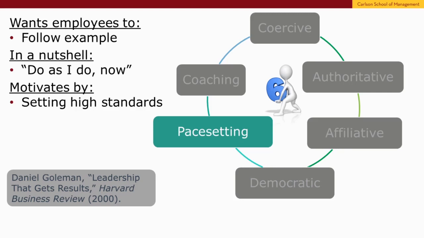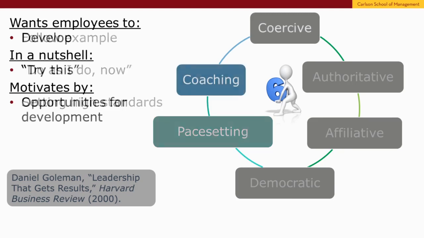And so, in a sense, they say, do as I do and do it now. And they motivate by setting high standards. Lastly, a coach sets out to develop employees. And so their catchphrase is, try this, and they motivate through opportunities for long-term development and emphasize that over short-term results.